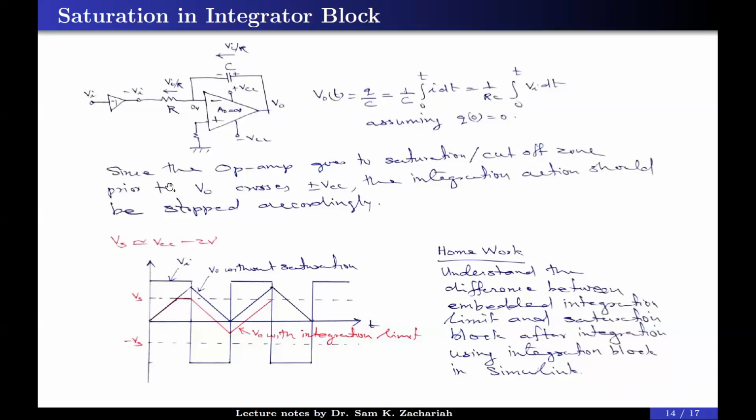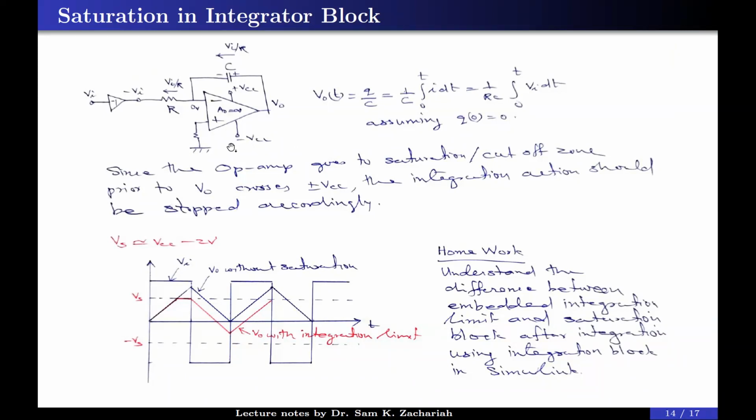Now, again, this integration: if you simply give, say, a step command here, the output will go on integrating, and as it goes on integrating, the voltage will exceed plus VCC. And if we start with a minus voltage, the output will exceed minus VCC. Again, the op-amp will come out of its active amplifier region to either cutoff or saturation.